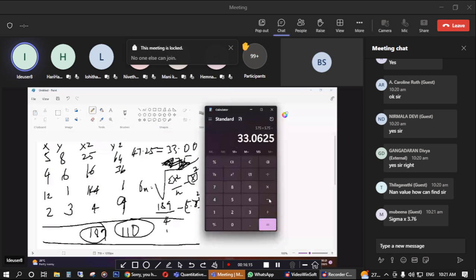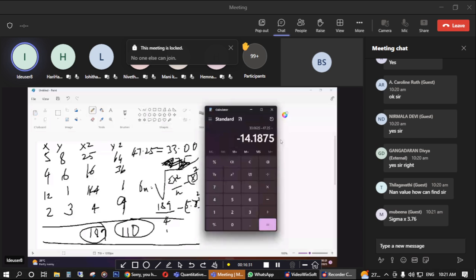47.25 minus 33.06 is how much? 14.18. 14.18 is your answer, but you need to take the square root of this.